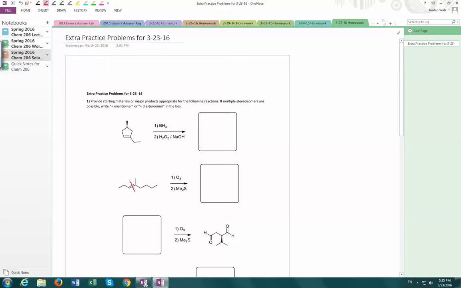Okay. So basically, you can just draw a squiggly line down the double bond, and we're cutting the molecule in half there. So what we're going to end up with is this structure, plus this structure.